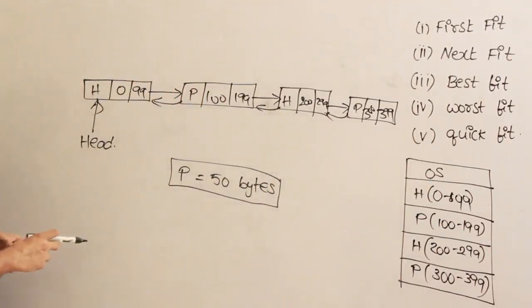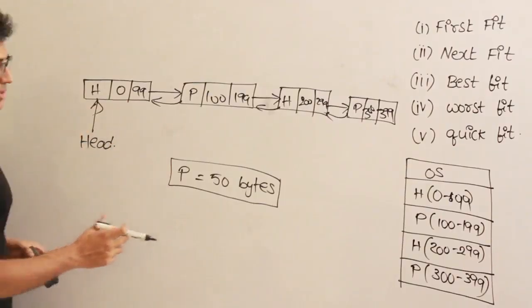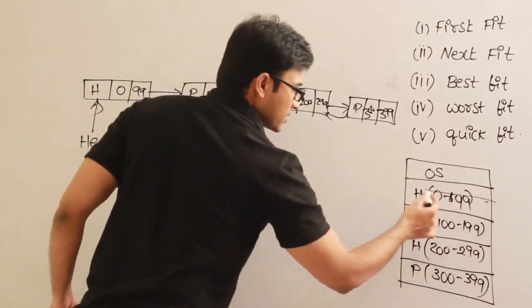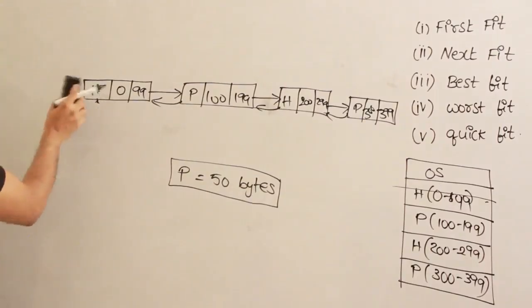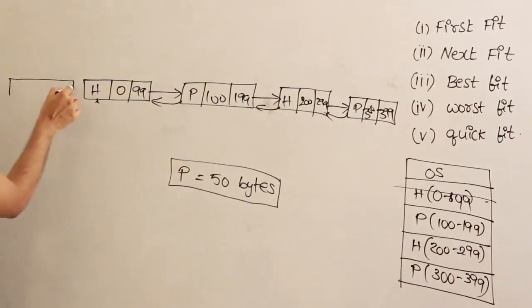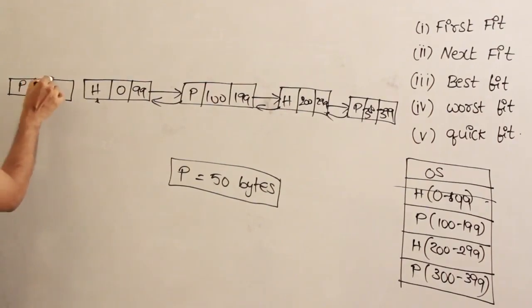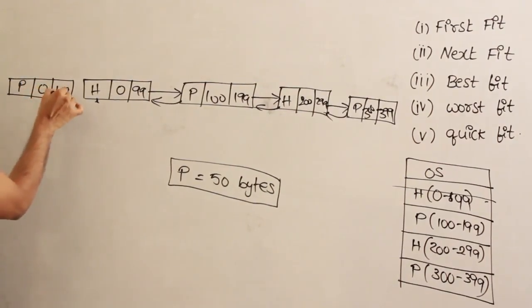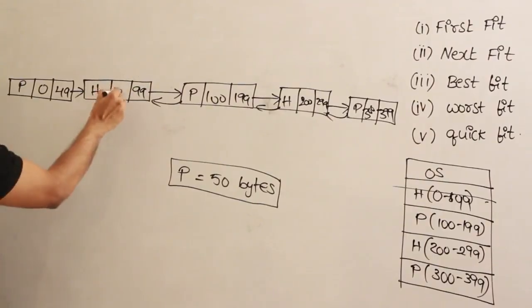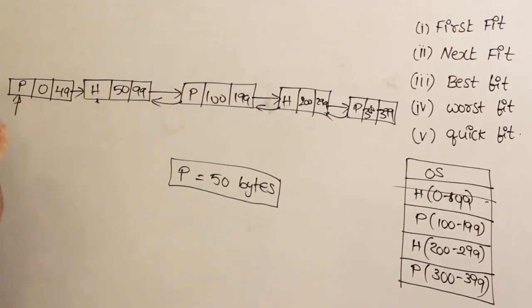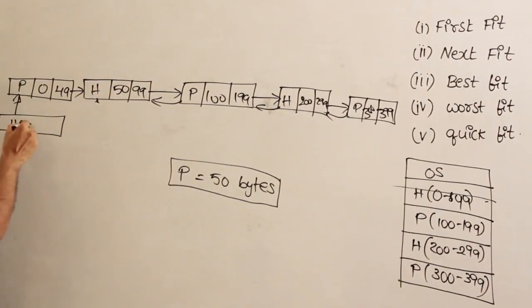So if you allocate a new process here, this hole will get broken into two parts. One part will say a process is present from 0 to 49, and then the hole is from 50 to 99, right?